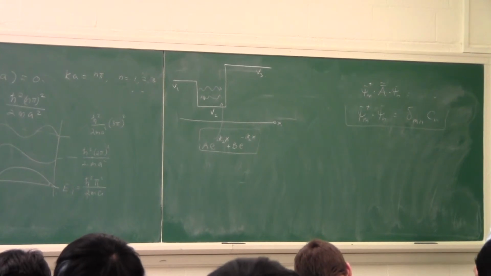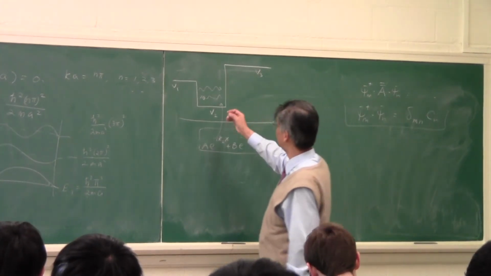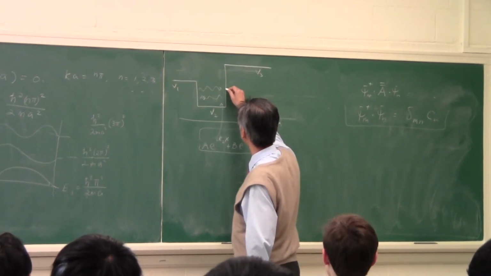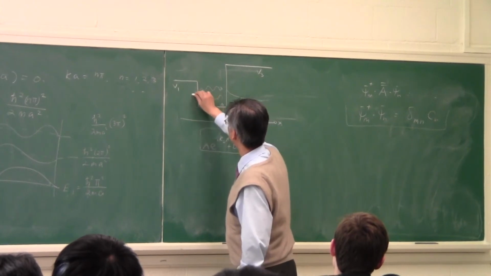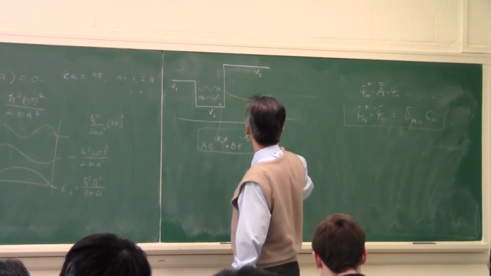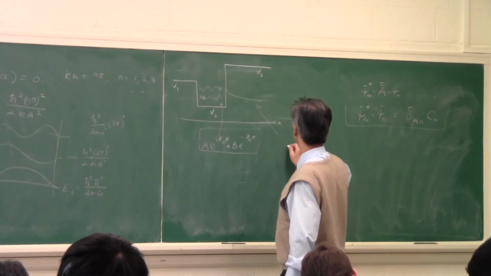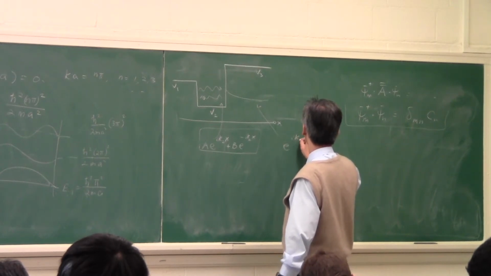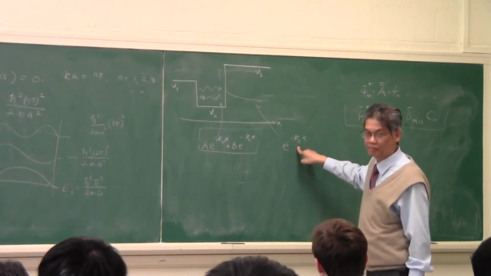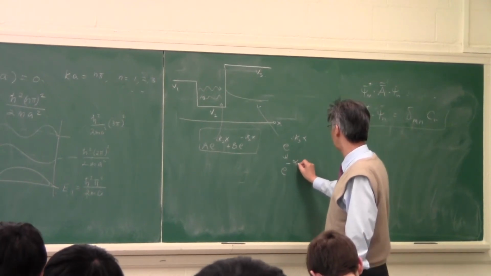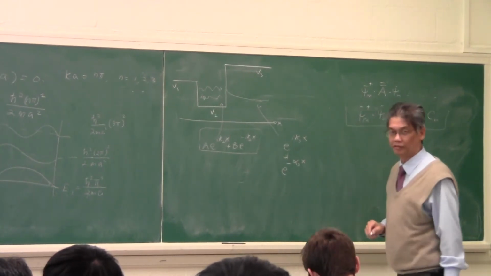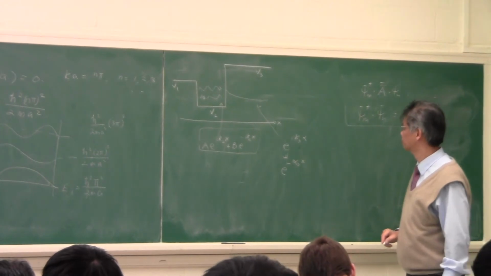But I expect a trapped mode. I expect a trapped mode means that these waves are bouncing back and forth, and as they leak outside, they become evanescent. So I write in this region a solution that is e to the i k3 x, where k3 becomes pure imaginary, and this becomes e to the minus alpha 3 x.